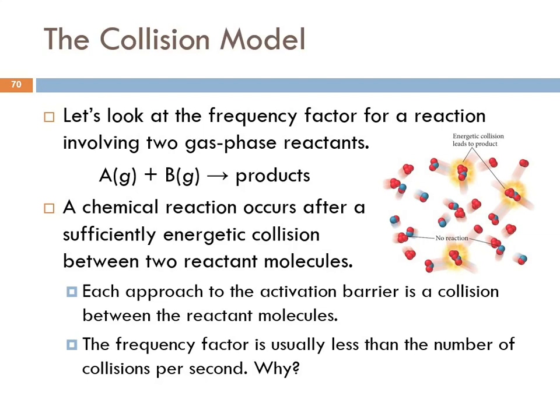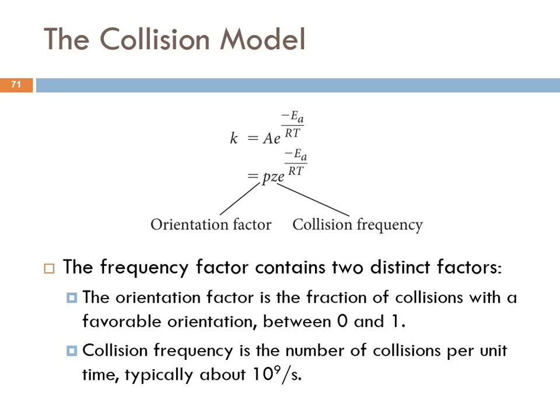Well, it turns out you can have a collision with the required amount of energy that still doesn't react. They have to hit just right. And so the thing that's missing there is this orientation factor. If they don't hit with the right orientation, it doesn't matter how much energy they have, they won't react.